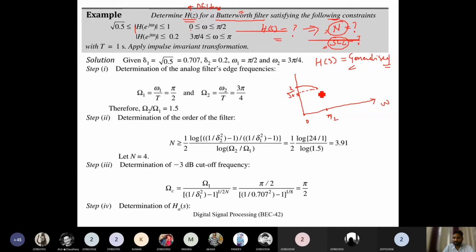Okay, and after that it is again saying like from 3 pi by 4 to pi, this is the complete range 0 to pi, one range is given. So here it is saying that around pi, it is less than 0.2.